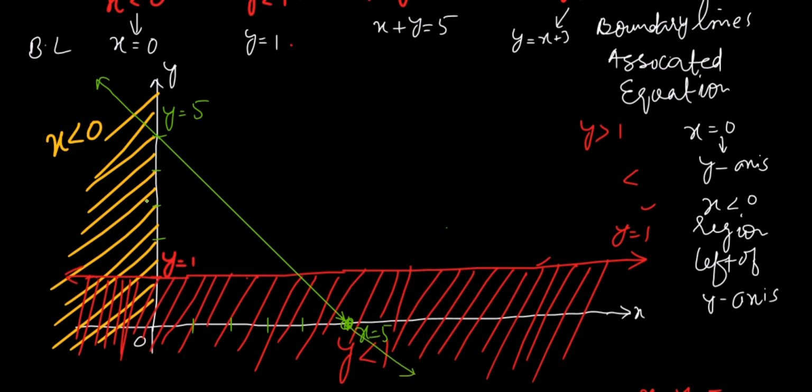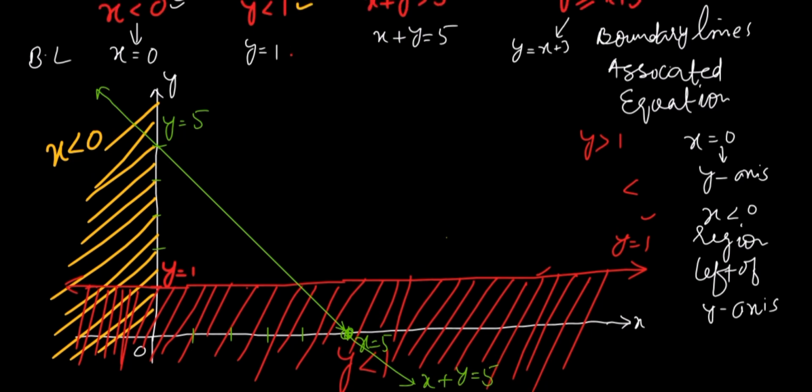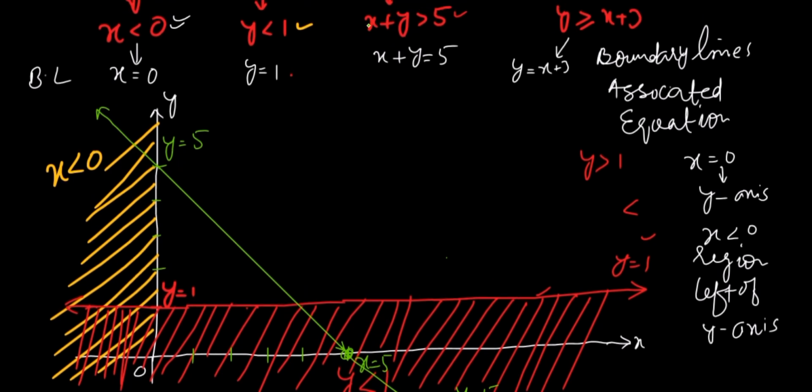So this green line actually shows the graph of x plus y is equal to 5. Next, we need to draw the graph of the inequality x plus y greater than 5. Greater than 5 means the graph will be above this line.